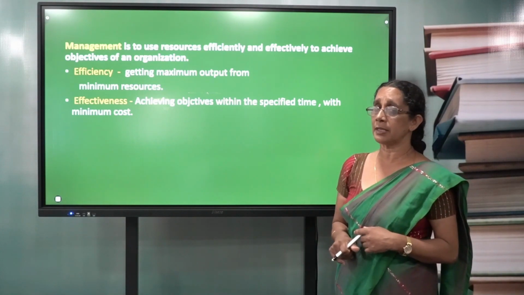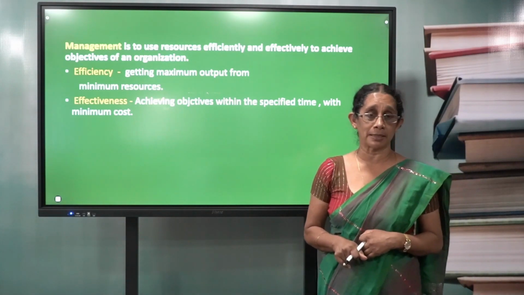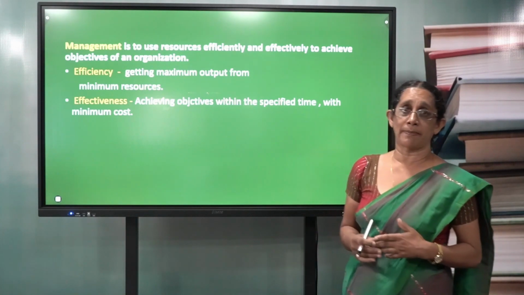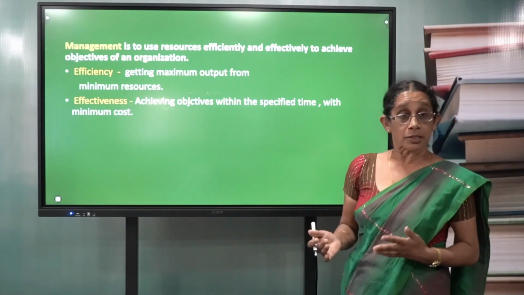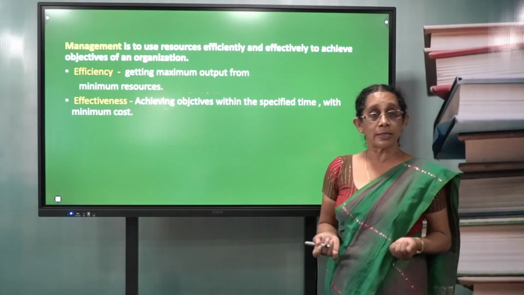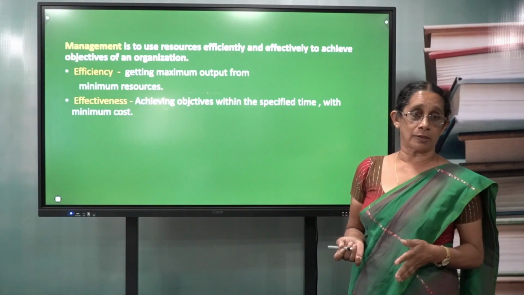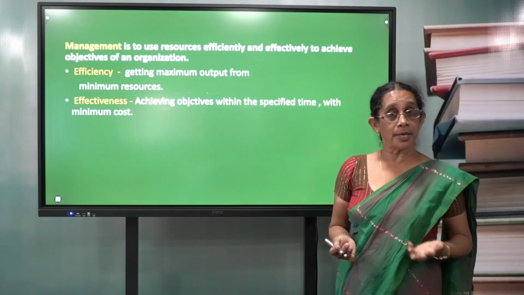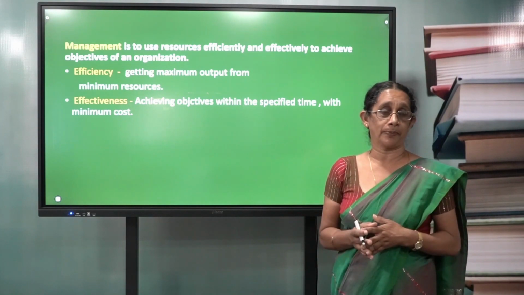Resources are the various inputs used by a business to produce goods and services. Cash is a resource, employees are a resource, machinery and buildings are resources.